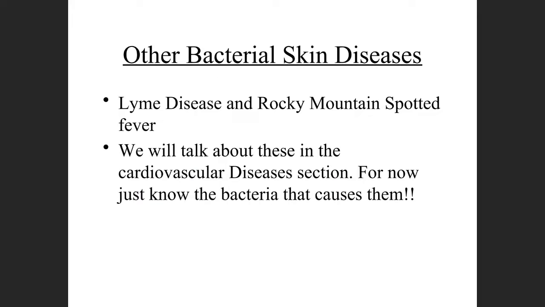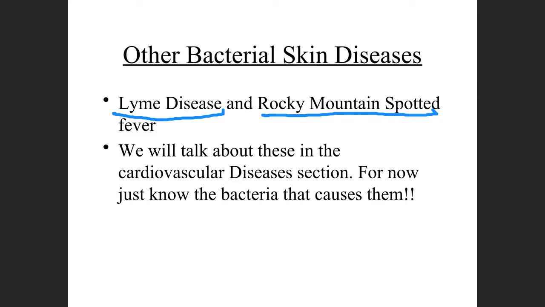Okay, now, as far as bacterial infections of the skin, there are a few more. So you might see in your notes where it talks about Lyme disease and Rocky Mountain spotted fever. And those diseases, on the one hand, can definitely be considered skin diseases, because if a person gets Lyme disease, they have a rash on their skin. And also, even with Rocky Mountain spotted fever, there's a rash on the palms of the hands.